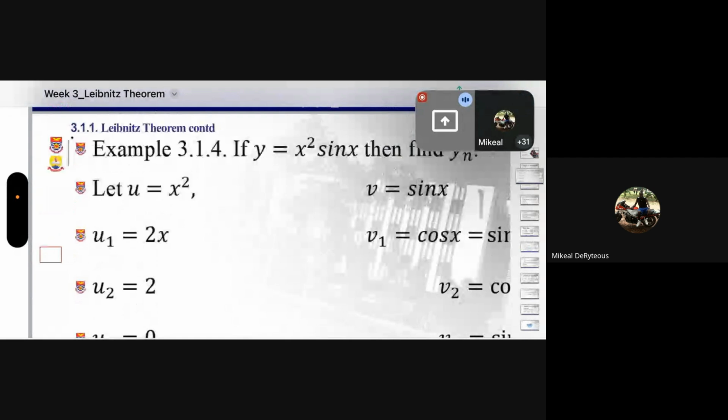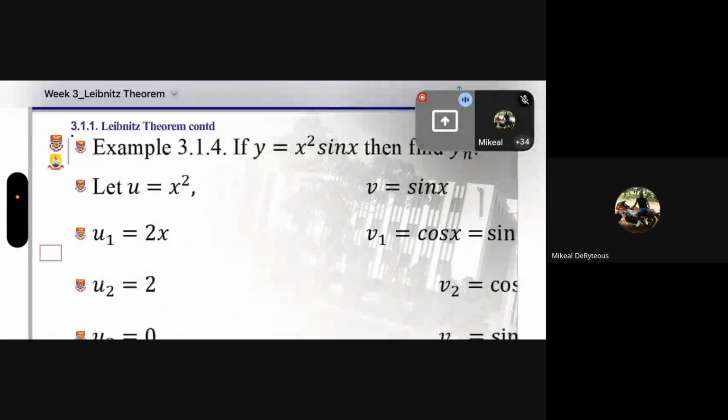And remember, we know the nth differential of sine x is sine into bracket n pi over 2 plus x. So if I find the first differential, it will be sine into bracket pi over 2 plus x. Then when I find the second differential, that one will be sine into bracket.